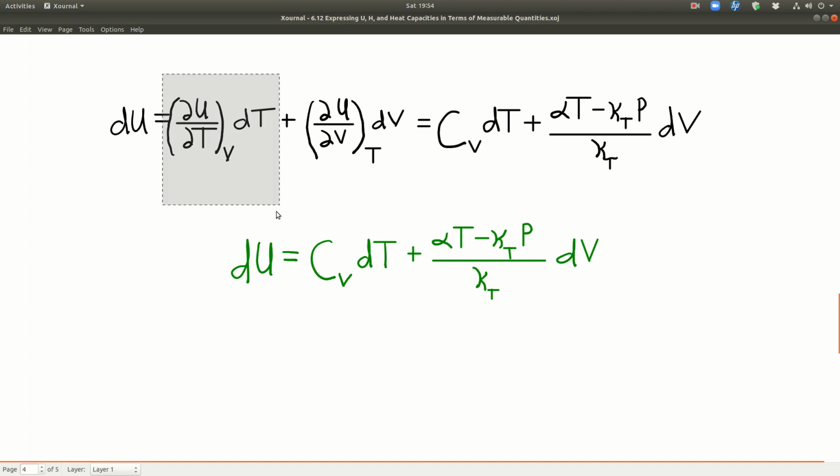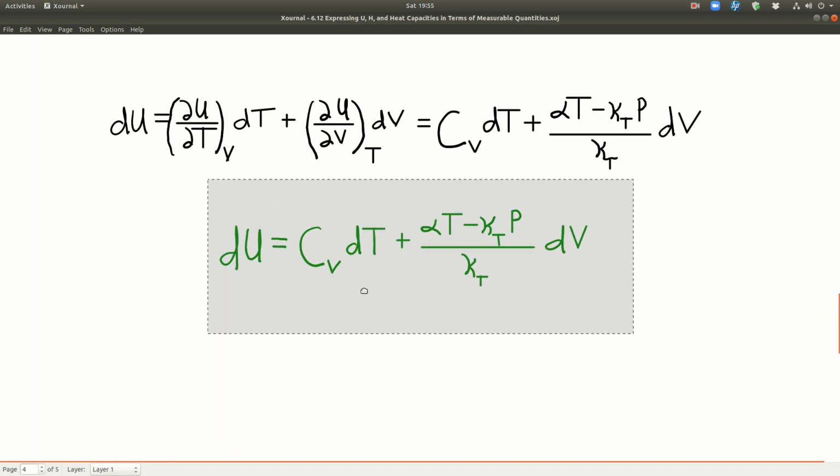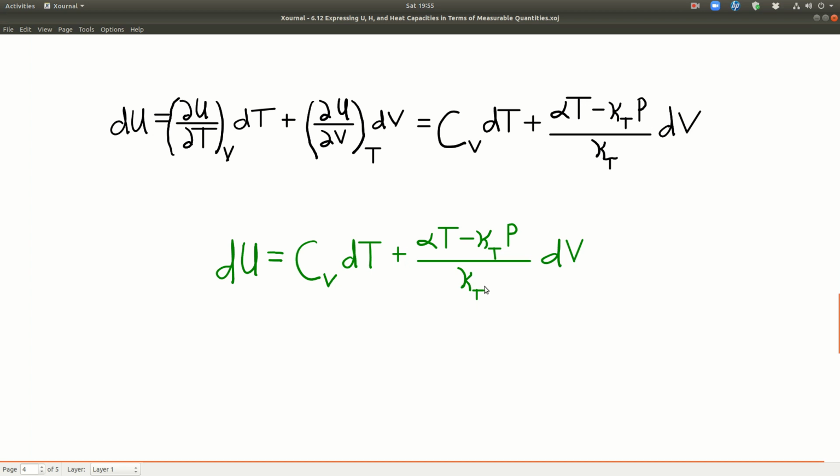This term right here we saw already was just the heat capacity at constant volume, dT, and we just showed this term right here is equal to alpha T minus kappa T P over kappa T. So there we have it. dU is equal to this expression right here. Everything on the right, guys, are things we can look up in tables or measure. Heat capacity at constant volume, alpha, kappa, measure the temperature, pressure, dT and dV, and we've got it.